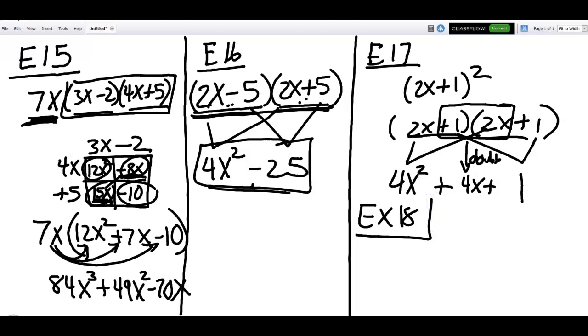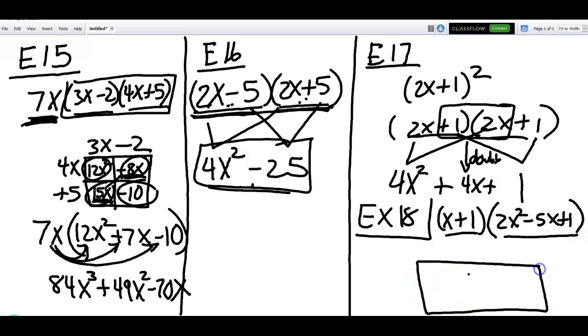So for number 18, I'm not going to do an example, but what I'll do is set the problem up for you. So on number 18, we have this. When you have a binomial multiplied with a trinomial, we're going to do the box again, but this time it's going to be a 2 by 3 box because we have a 2 by 3 multiplication.